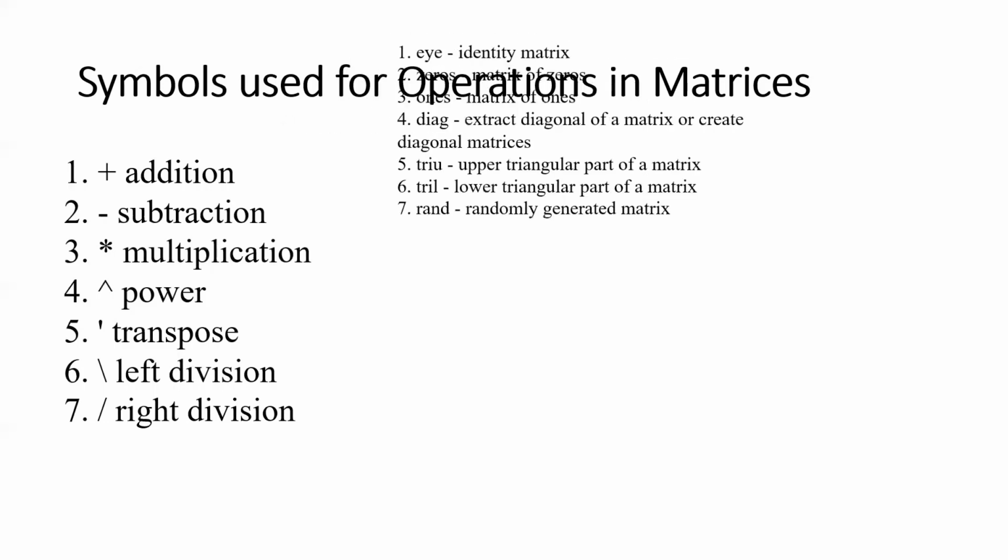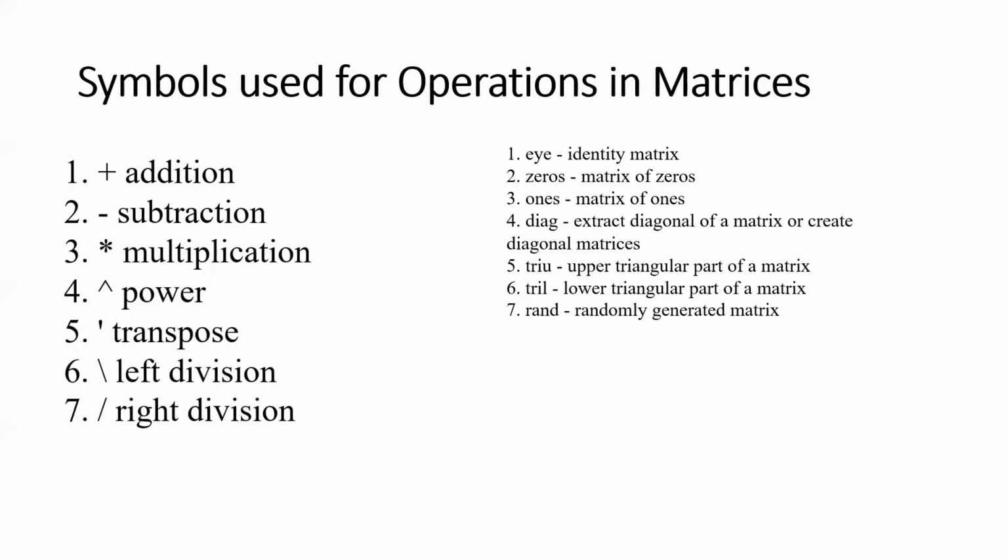A few more commands are useful to achieve some operations like eye matrix, matrix of zeros, matrix of ones. If we introduce these commands, diagonal matrices, you can see these are special types of operations that can be carried out in matrix operations.